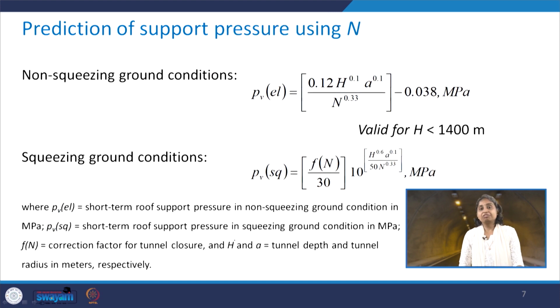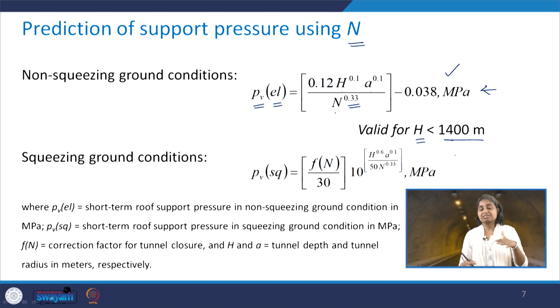In case of the non-squeezing ground condition, using this rock mass number N, we can predict the support pressure by using this expression, that is P_v elastic is 0.12 H to the power 0.1 A to the power 0.1 divided by N to the power 0.33, minus 0.038 megapascal. This is valid for H less than 1400 meter.